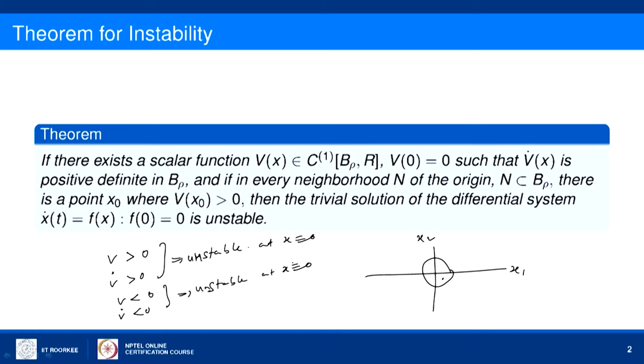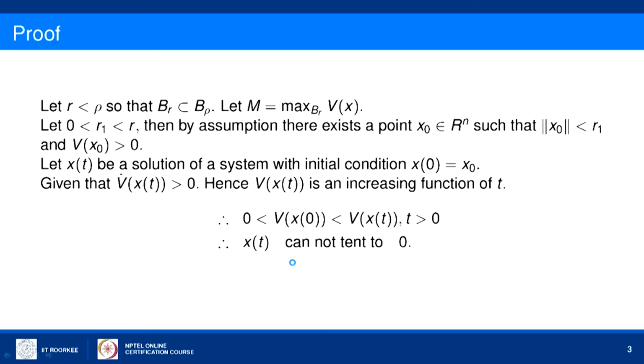So, to prove that statement, let us consider r is less than rho and B r is a subset of B rho.